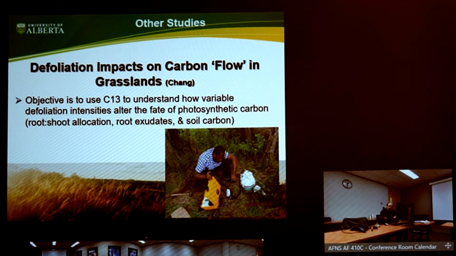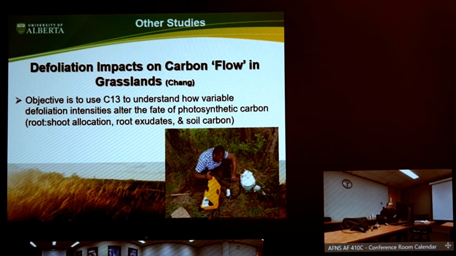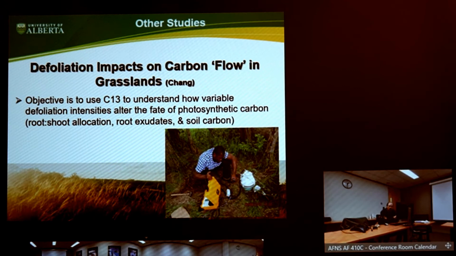So this is a small pilot study that's being done to try to understand whether indeed different defoliation patterns change carbon flow, especially at depth. And if it does, then we can follow up with more detailed studies to understand that.